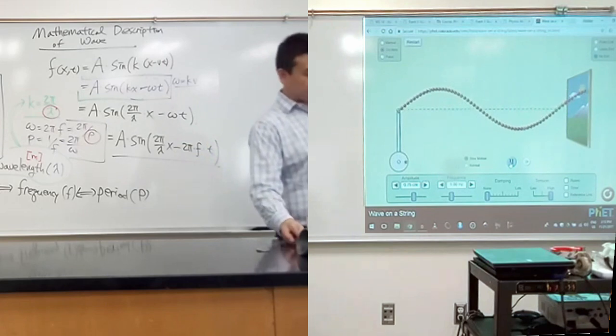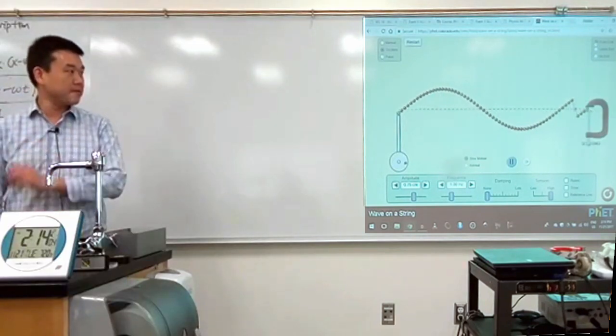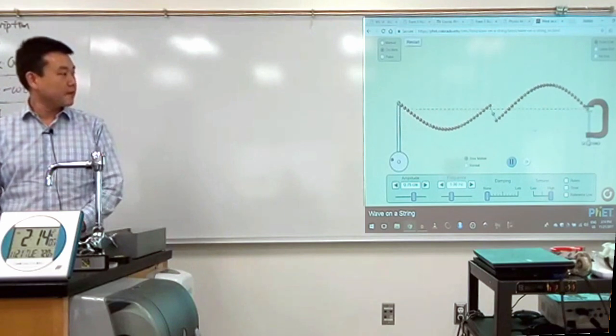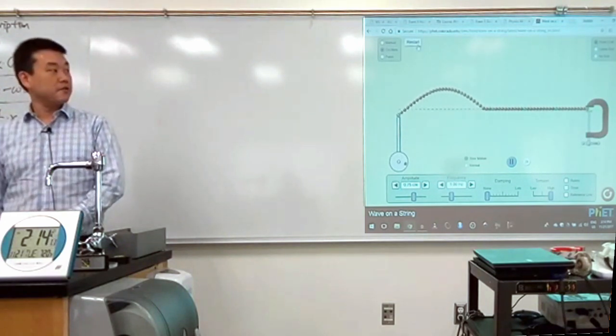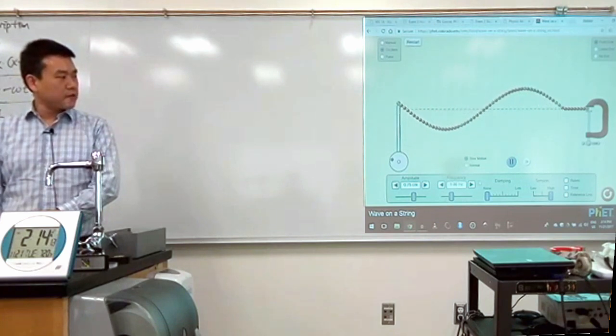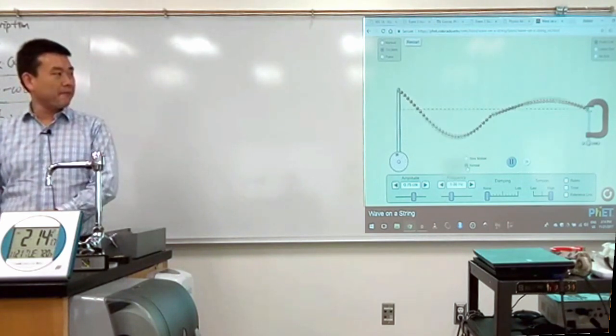The obvious thing to do might be to put an end here. Let's put a fixed end there. Let me restart. That might be something you do. But when you look at this over some period of time, the kind of motion you get is really complicated.